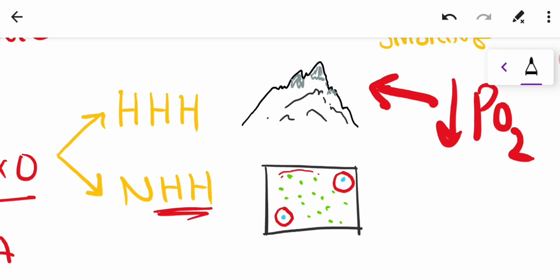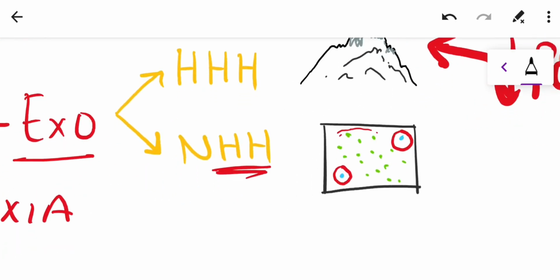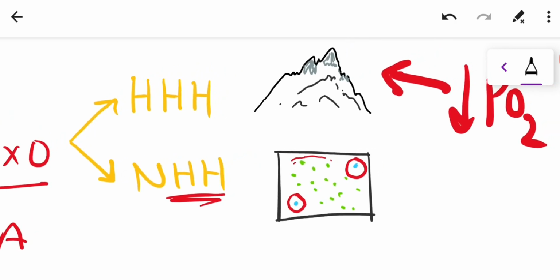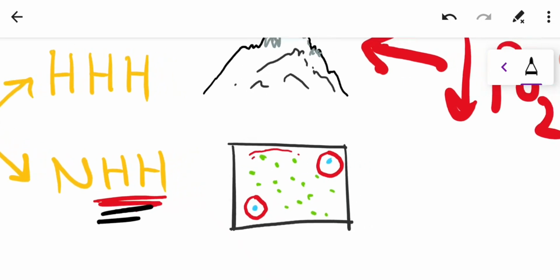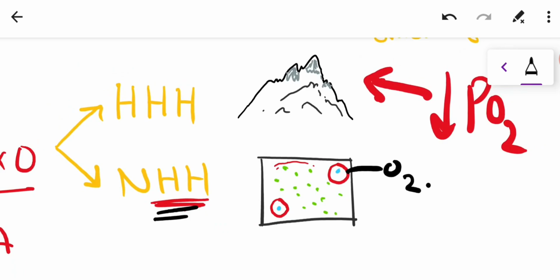And next one, NHH, normobaric. This is normobaric, meaning normal pressure, normal baric. There's nothing wrong with the pressure. We're not on a mountain now. We still have hypoxic hypoxia. Why? If we look at the blue dots here, they represent oxygen. We have 2 blue dots out of a million different other gases.